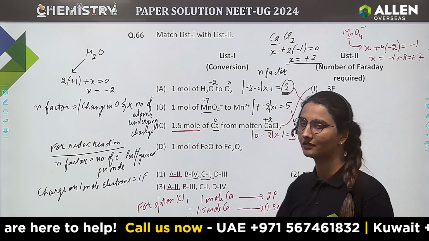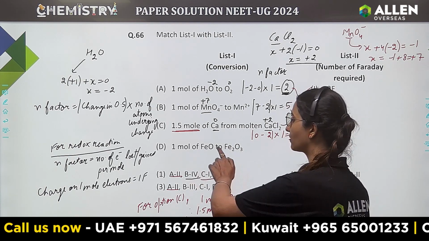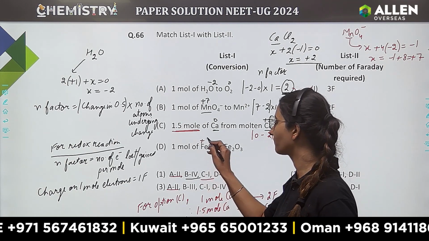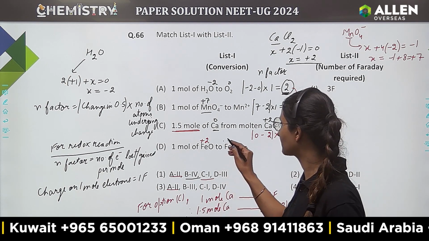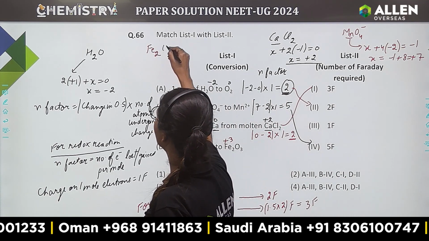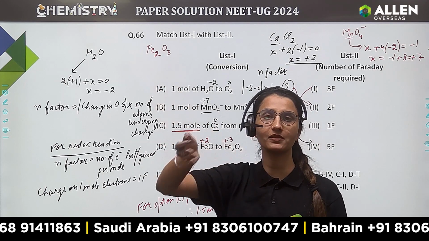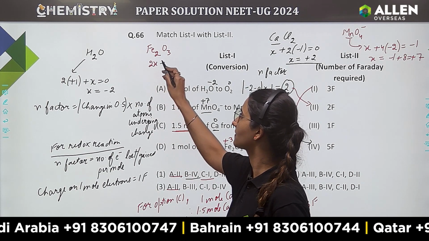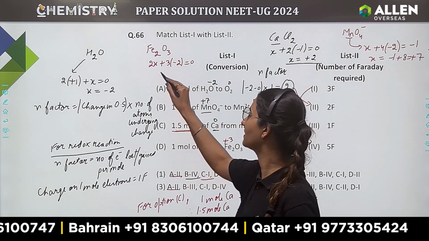Let's check the last one. Students, in FeO, directly, we know that O shows a state of -2. So Fe is in +2, right? Let's find for this Fe. It is present in +3 state. How? Let's quickly review. We have, students, Fe2O3, correct? Let the oxidation state of Fe be X. So 2 Fe into X plus 3 into, what is the oxidation state? -2. So what will be X? Solve it.